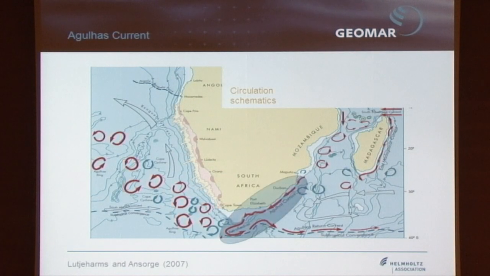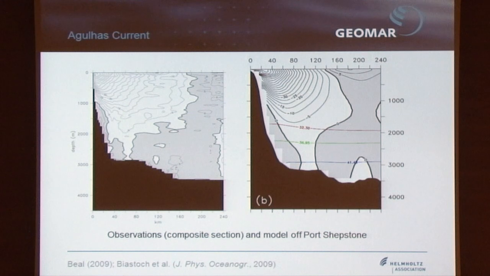Now, I said we did a lot of verification, and let me show you one exemplarily, focusing on the Agulhas current. The Agulhas current, as you remember, is sandwiched between the eddy variability in the Mozambique Channel and the Agulhas ring formation. And this is one example. It's again a cross-section over the Agulhas current. On the left, a compilation from 6 or 7 ship-going observations.